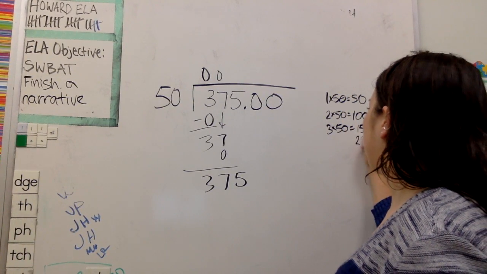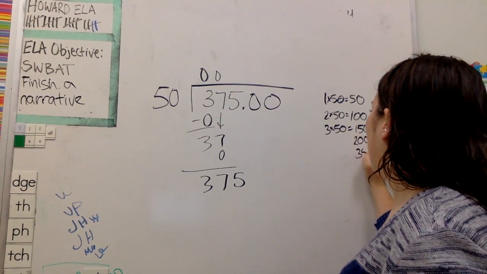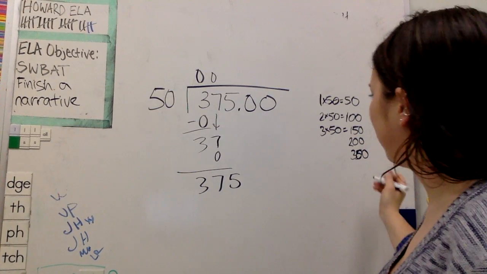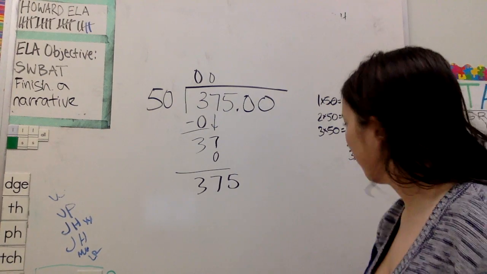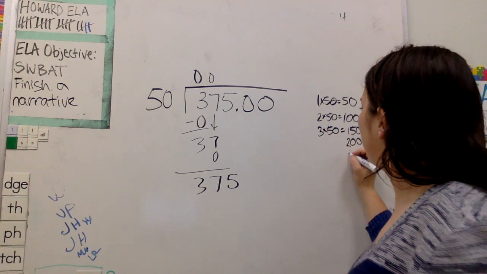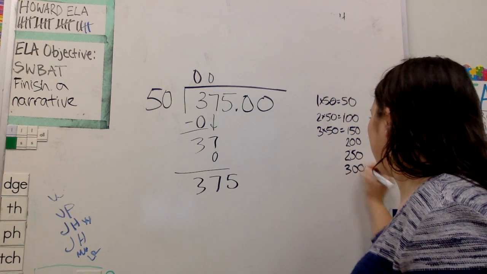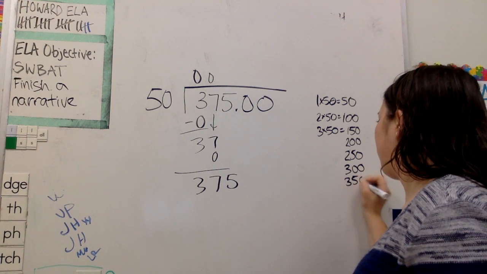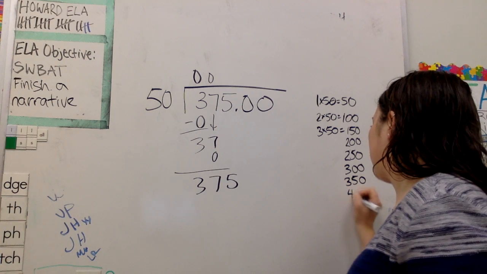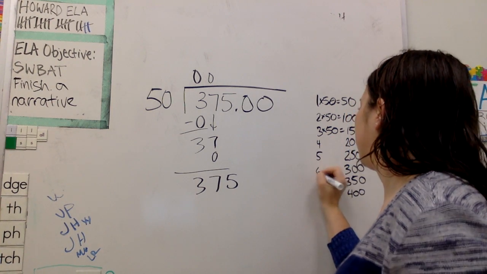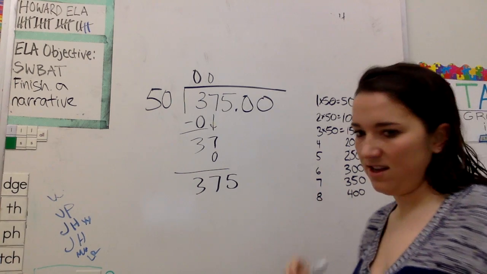I can just keep adding 50. 200. 4 times 50 equals 300. 5 times 50. Oh, I just messed up. Okay. 4 times 50 is 200, 5 times 50 equals 250. 6 times 50 equals 300. 7 times 50 equals 350. 8 times 50 equals 400. And I'll stop there.